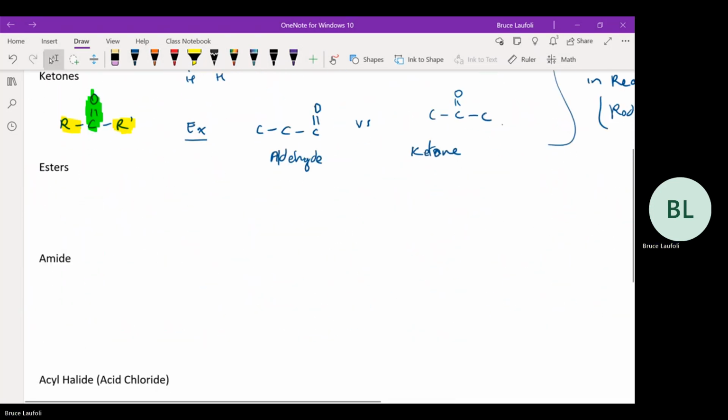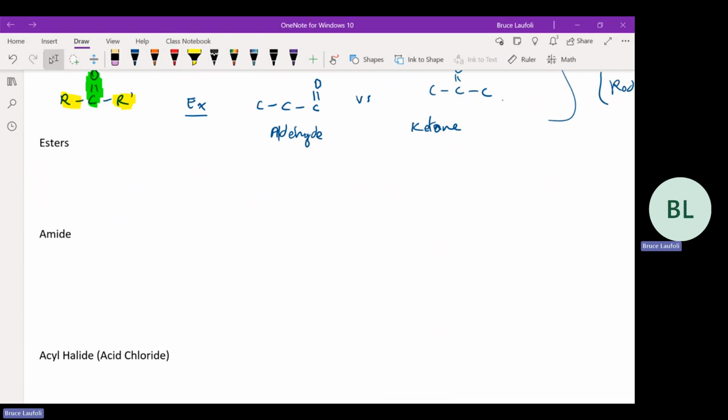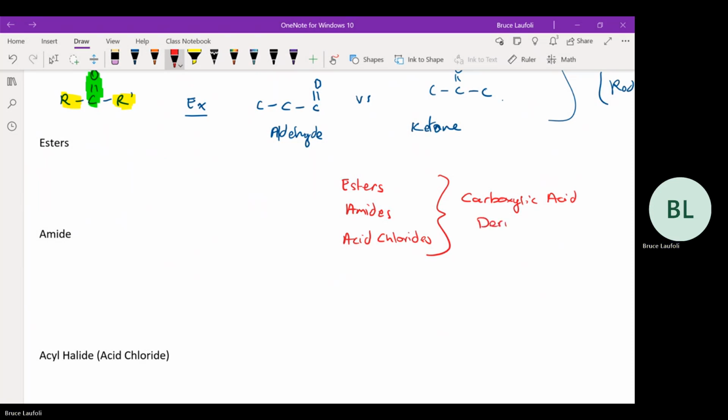Now, esters, amides, and acyl halides. When we're looking at esters, amides, and acid chlorides or acyl halides, they are all known as carboxylic acid derivatives.